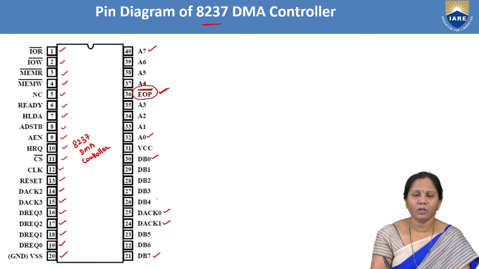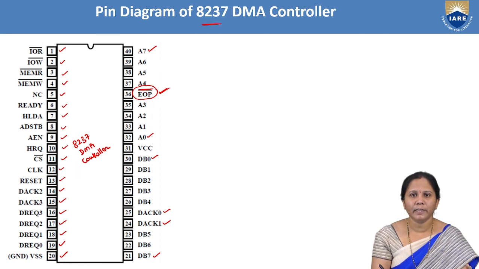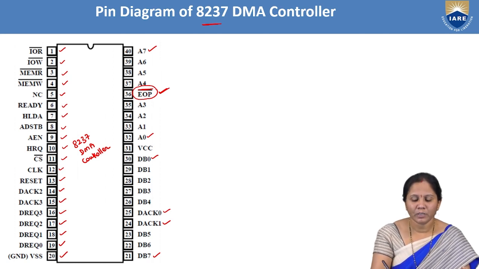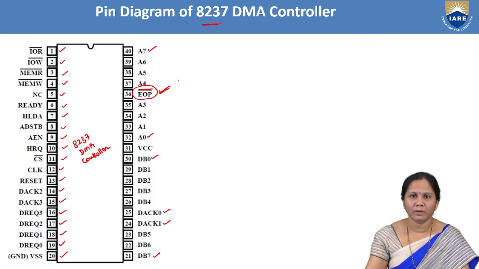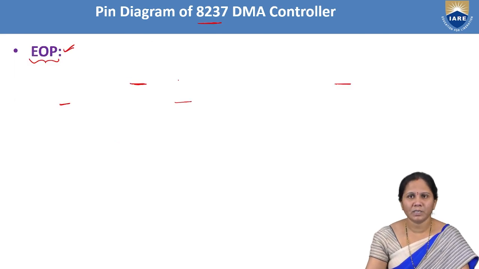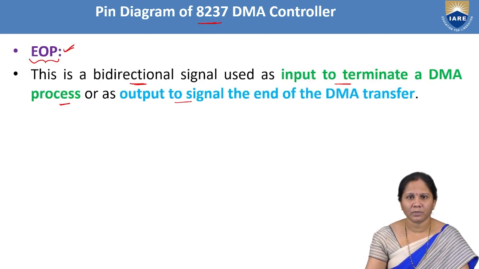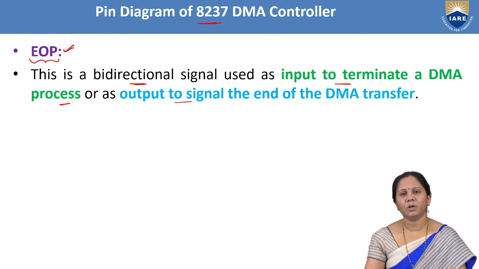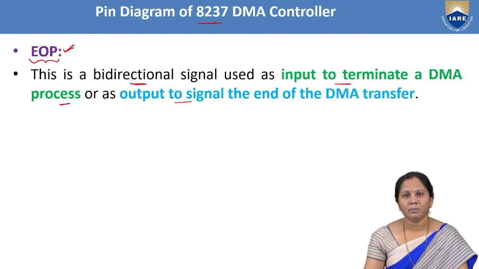The function of all these signals is similar to the function of the pins we have discussed in 8257 DMA controller. So only this is the new pin, EOP, which represents end of the process. So this is the pin configuration and function of each pin in 8257 and 8237 DMA controller.